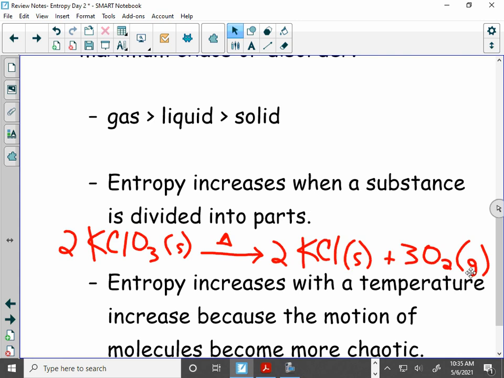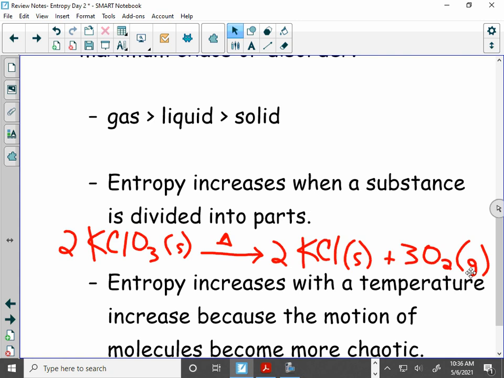So I'm splitting it apart. So I'm getting more disorder by splitting it apart. I'm getting more disorder because I have a solid going to a gas too. All right? So that is what that particular thing means. The entropy increases when we divide it into the parts.